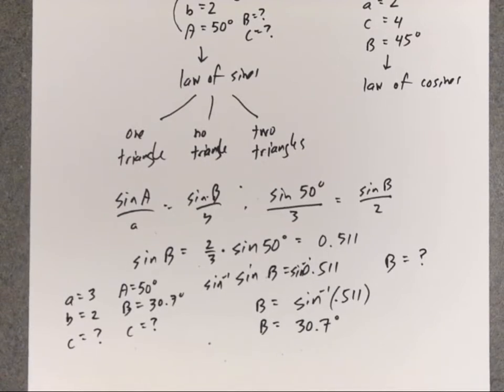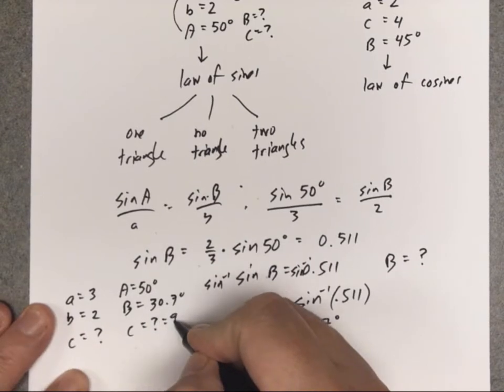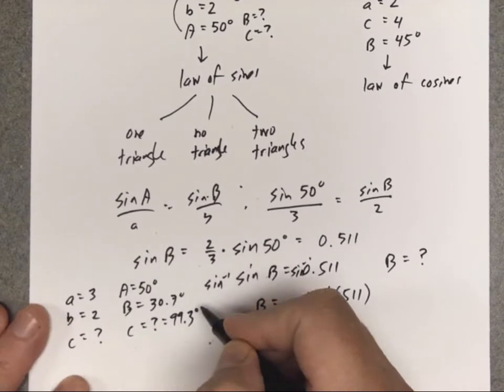To finish this first triangle, first of all, I know 2 angles. How can I get the third angle? Well, I just take 180 degrees minus these two angles. So 180 minus 50 minus 30.7. Looks like angle C is 99.3 degrees.